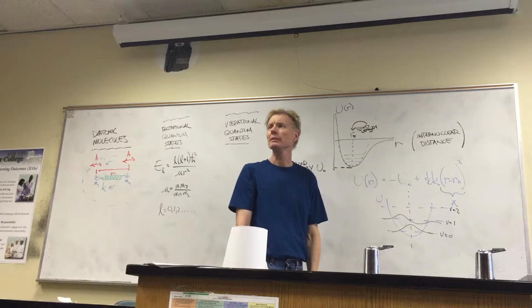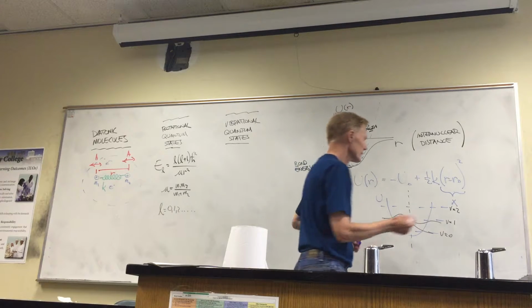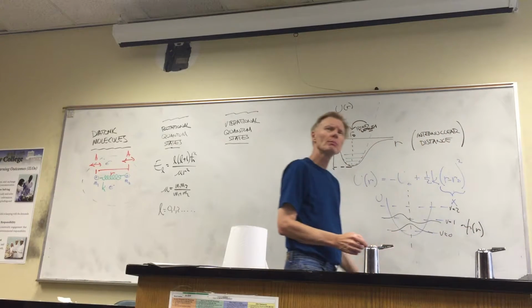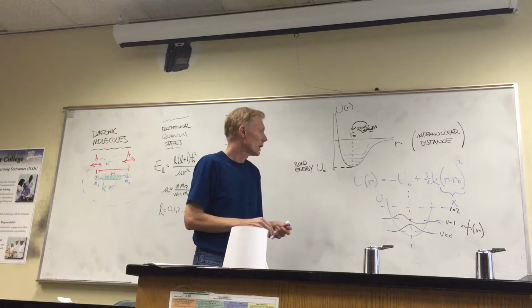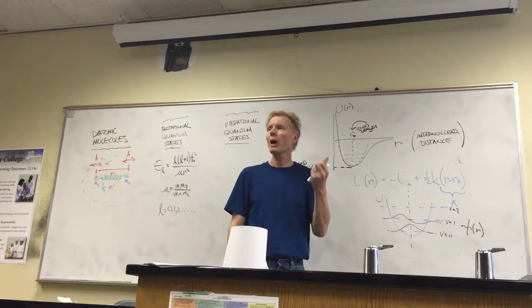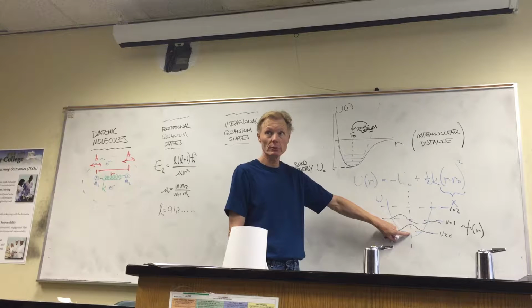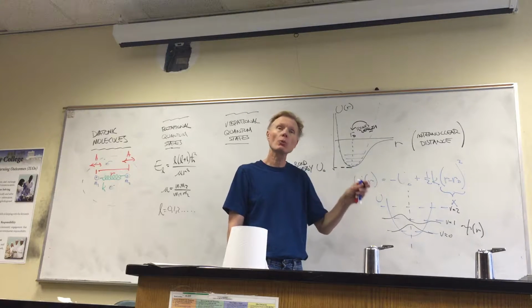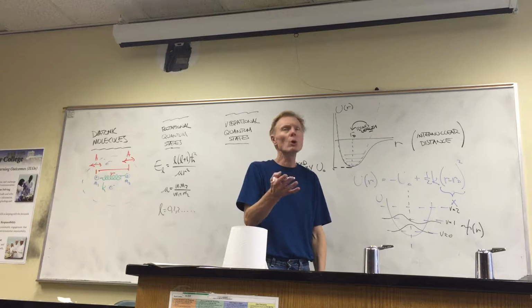So what does that mean? A wave function is a function of internuclear separation. And well, we can do the probability argument, right? How would I turn this into a probability? I square it, right? I can square this and turn it into a probability. Where am I going to get most of the probability?